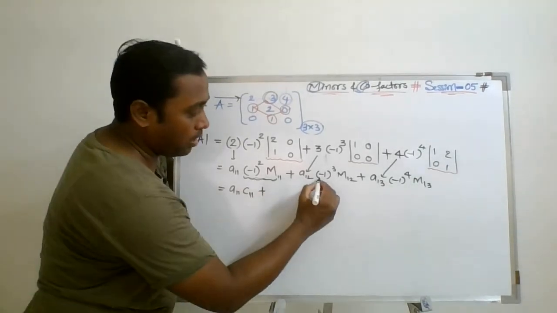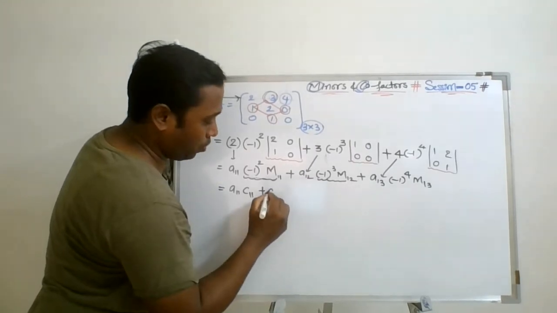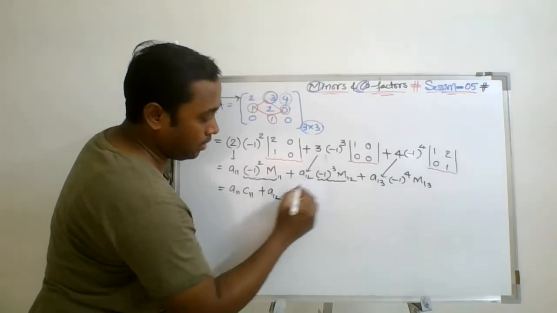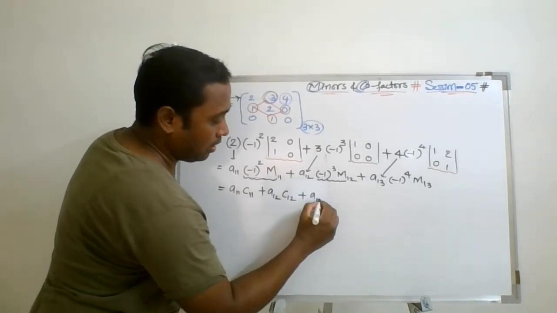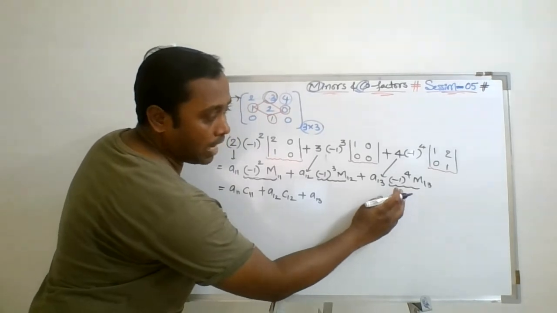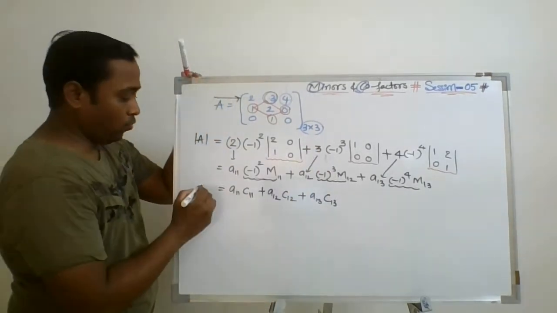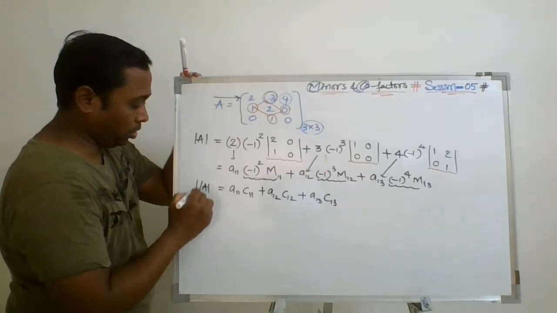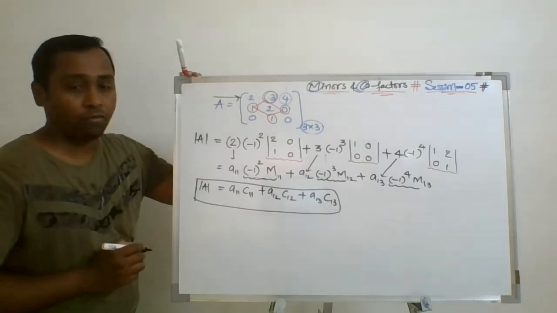Then similarly here, this product would be replaced with the cofactor. So A12 into C12, A13 into this product, the minor with the sign, which gives C13. So this is the determinant definition in terms of cofactors.